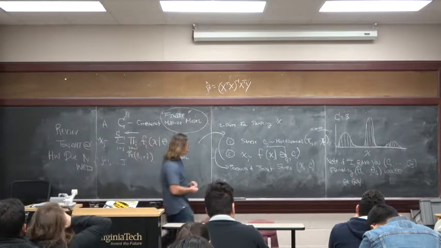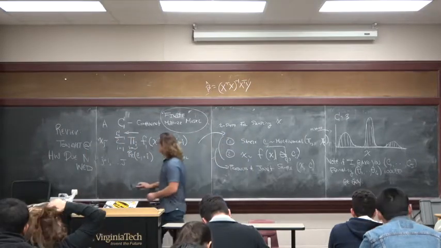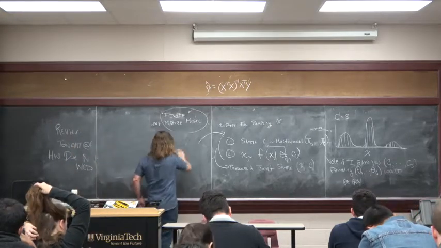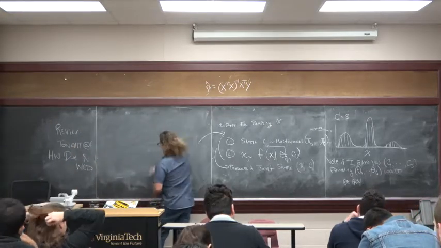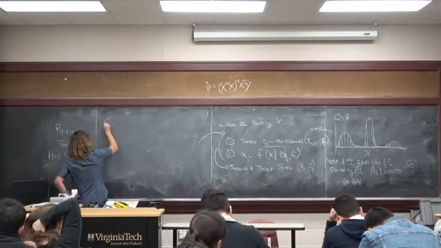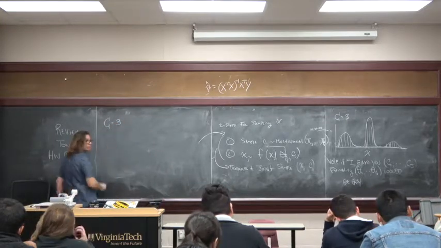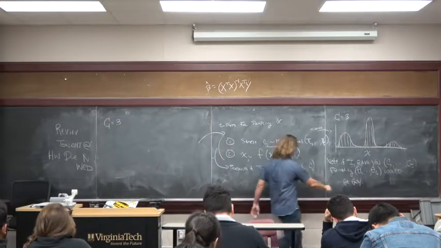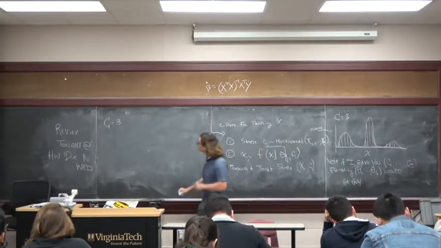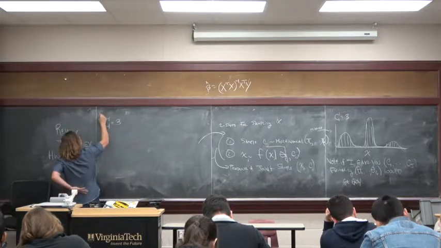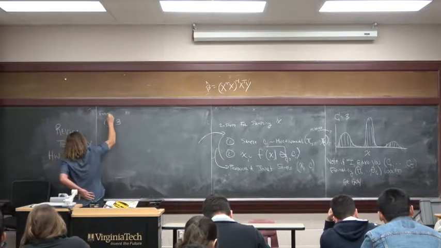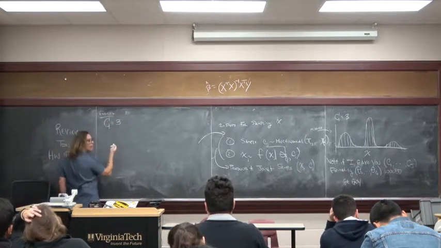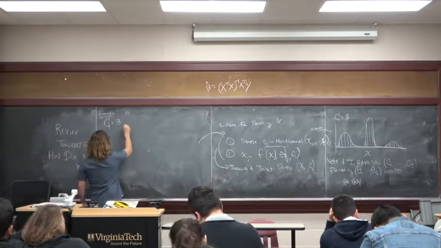Let's do an example real quick. So imagine cap C was equal to 3, and we've got a normal mixture model.